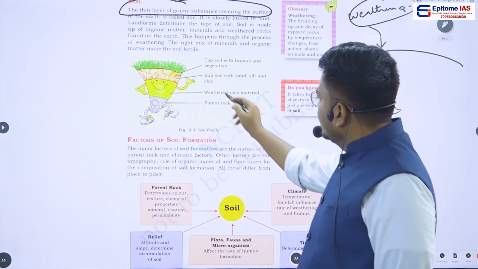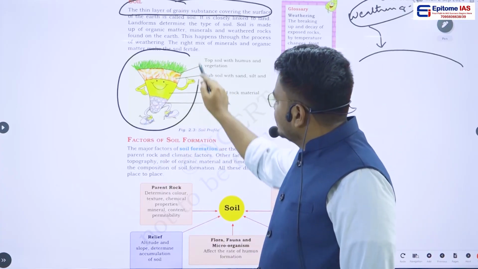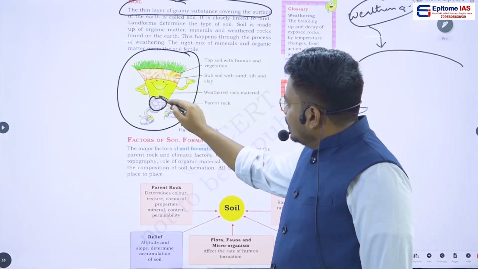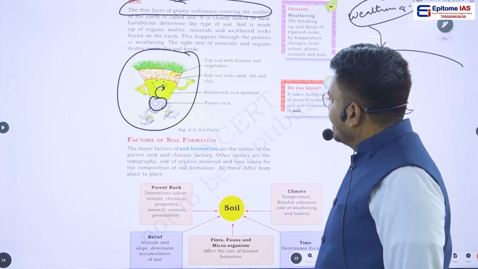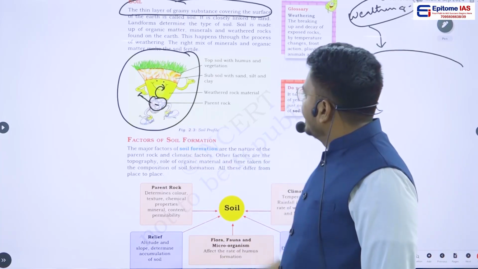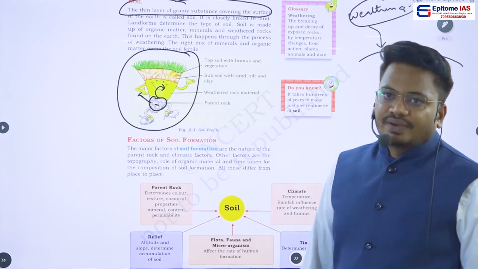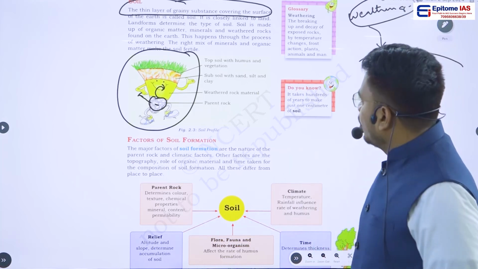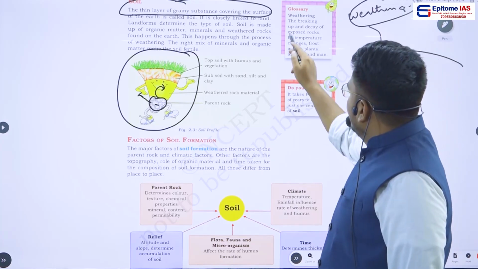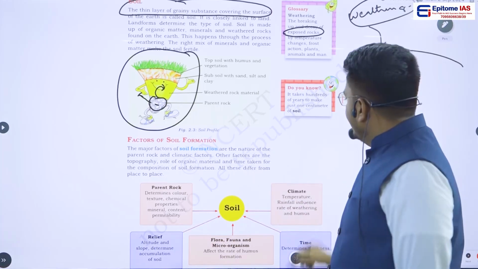See, if you see this picture, you can easily tell that at the bottom we will be having parent rock. Above the parent rock we will be having weathered rock material which has been weathered from this parent rock. Now what is meant by weathering? Weathering is a process of breaking up or decaying of exposed rocks by some factors.